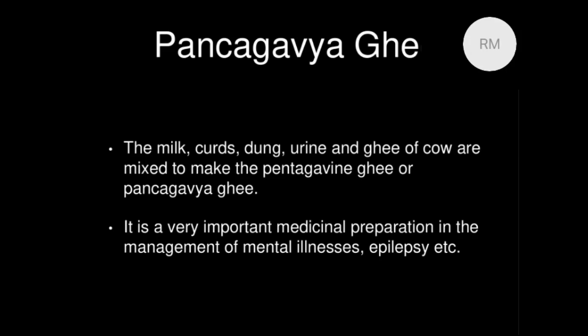Okay, so its translation is: Pancagavya means using 5 ingredients from the cow. That's how it derives its name. These 5 are milk, curds, dung, urine, and ghee.